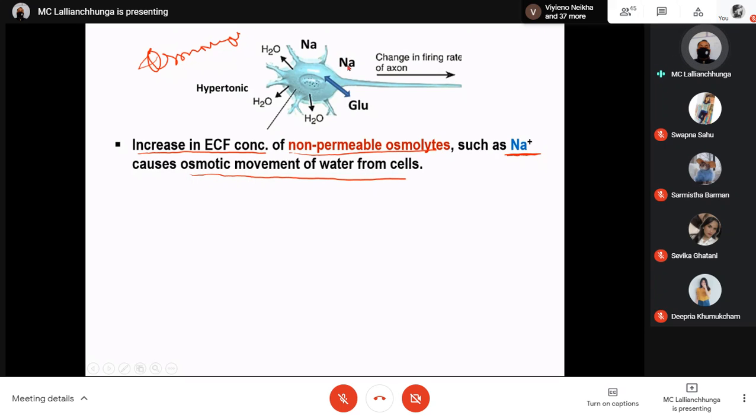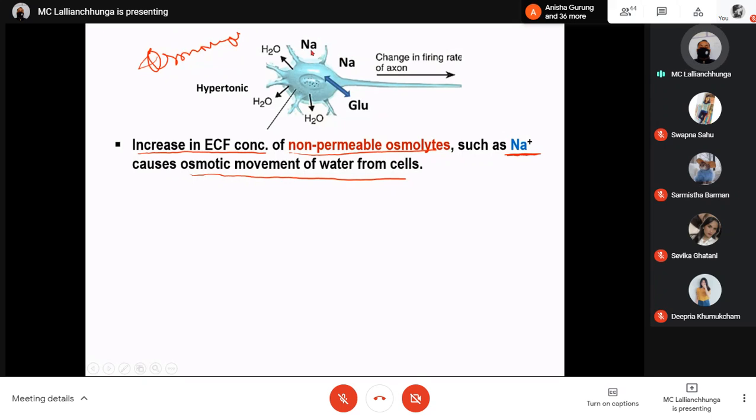But as you can see here, sodium is a non-permeable osmolyte. It is not permeable. That means the concentration outside will be very high. It cannot enter the cell, this osmoreceptor. So it accumulates outside of this neuron or osmoreceptor.